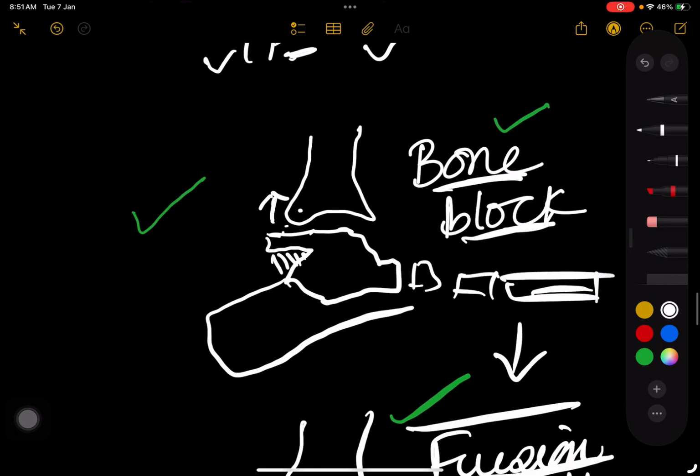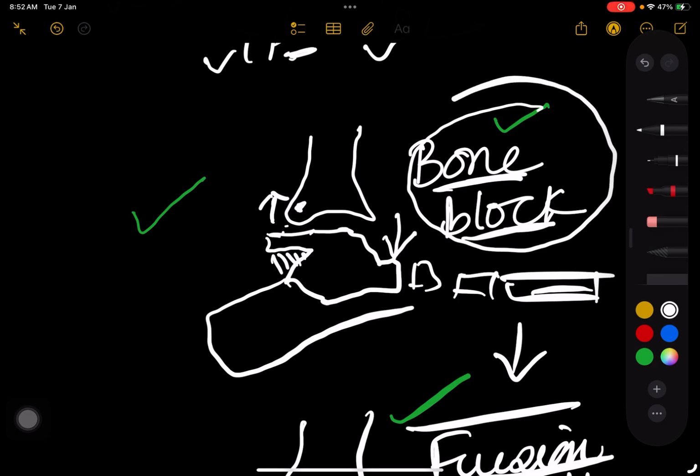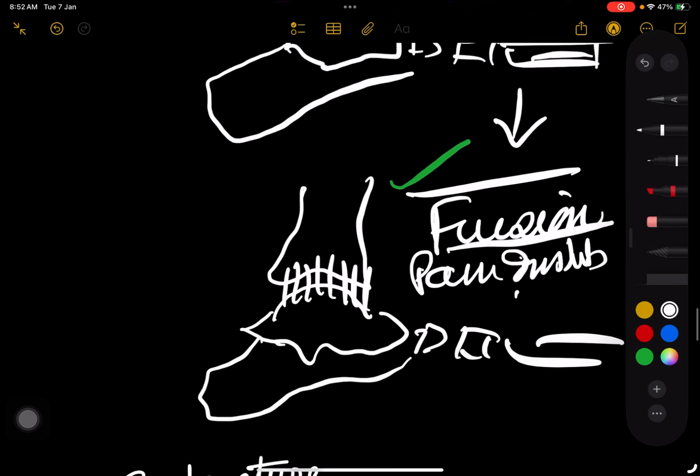If not powerful, you can raise a bony block from the talus, and as soon as this foot starts dropping, this will strike against the posterior margin of the tibia and will block the foot drop. So this is called a bone block. You are using a bone to block the not required movement.